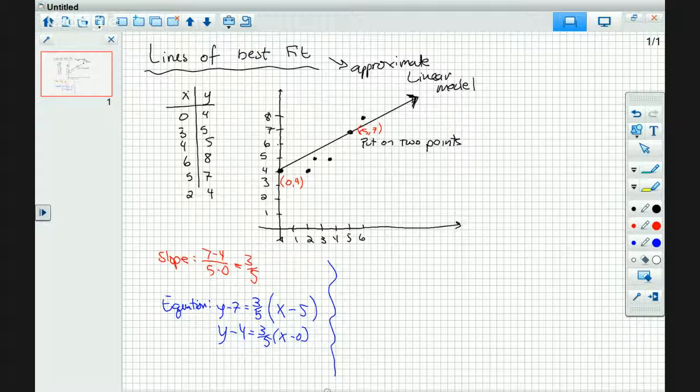Okay. Slope is 3/5. So our goal is to calculate b, right? So I'm going to plug in a point. I'm going to use 0, 4 because it's got a 0 in it. The zeros make my life easy. So 4 is the y. 0 is the x.